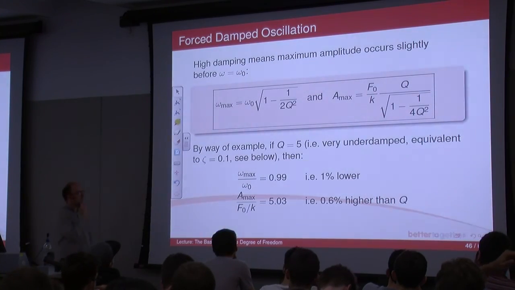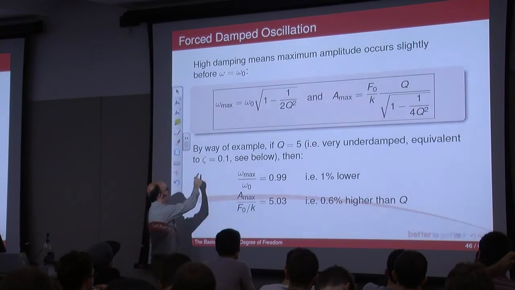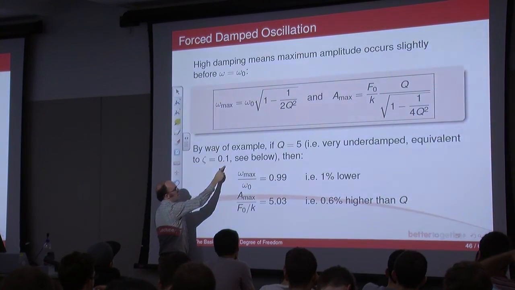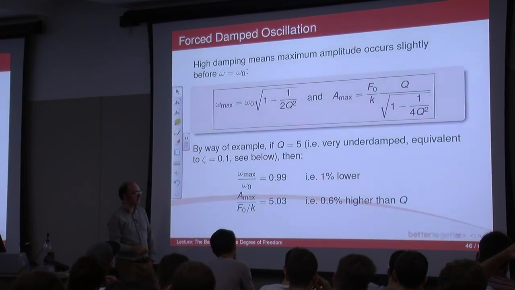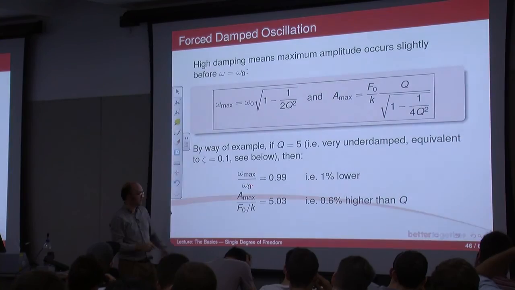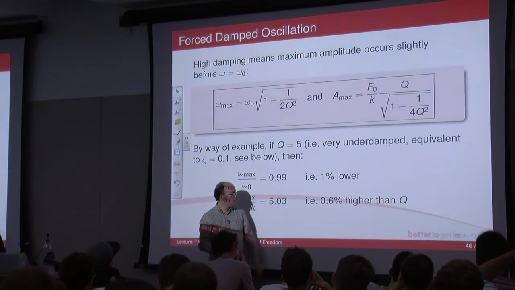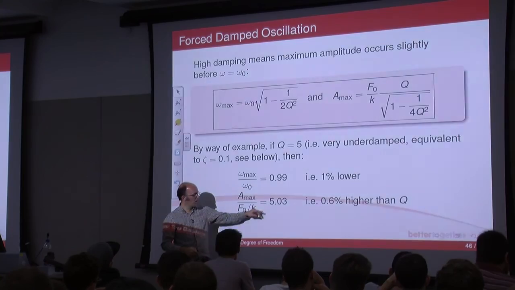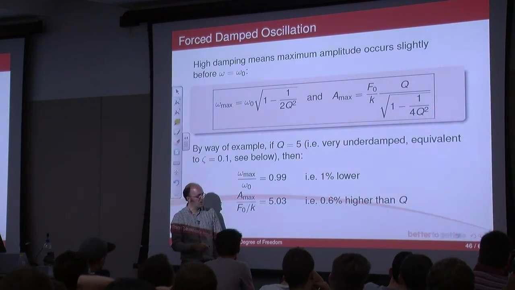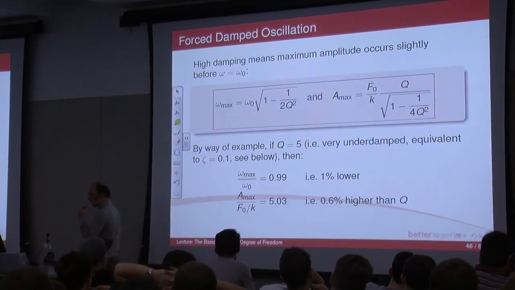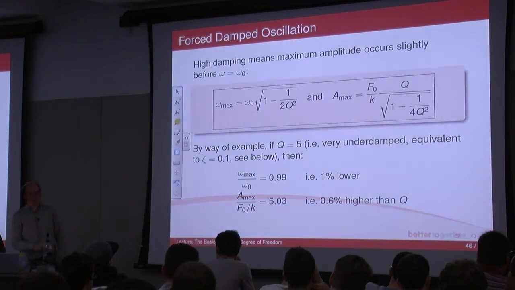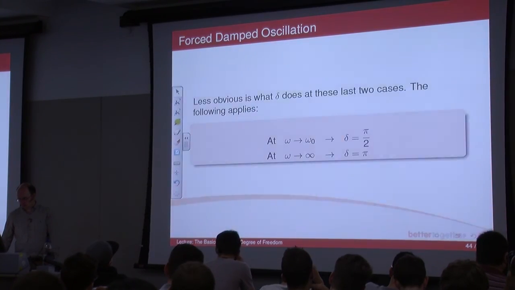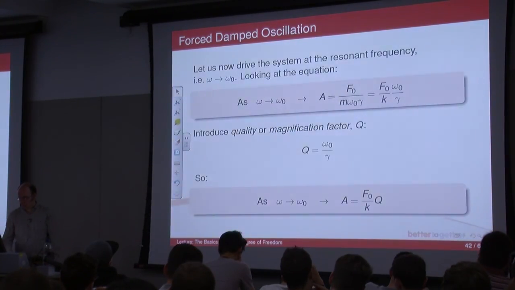So by way of example, if Q is 5, so very underdamped, equivalent to a damping ratio, we'll cover damping ratio next week, of 0.1, then omega max is 0.99 of omega naught, so it's 1% lower, and A max is F naught upon K times 5.03, so it's only 0.6% higher than Q. So it doesn't actually make that much difference with a very underdamped system, whether you take these equations or those equations for the frequency.